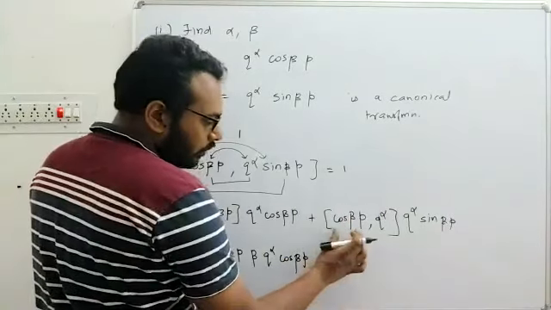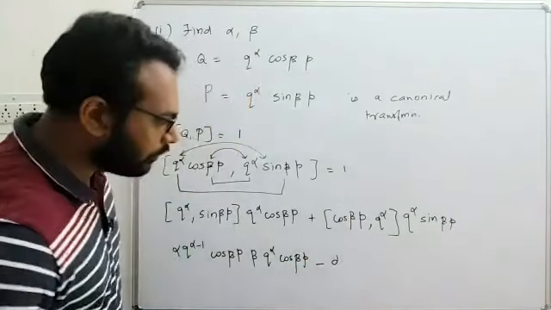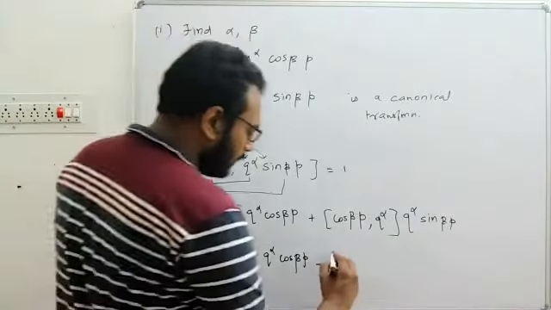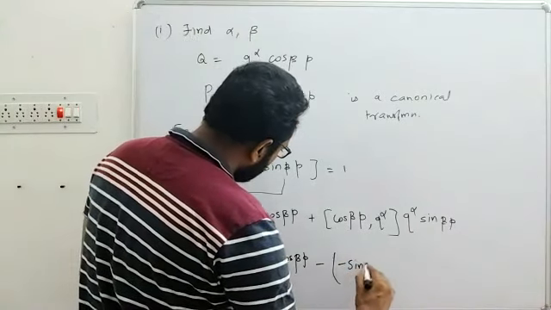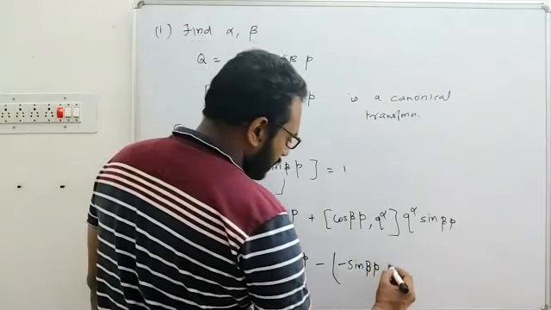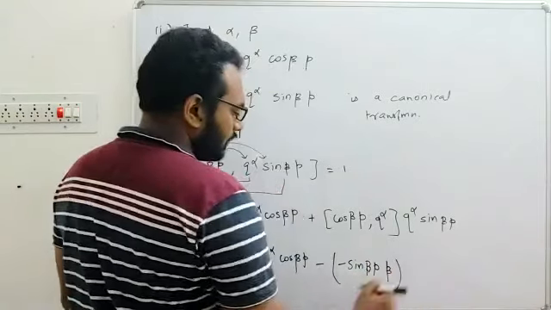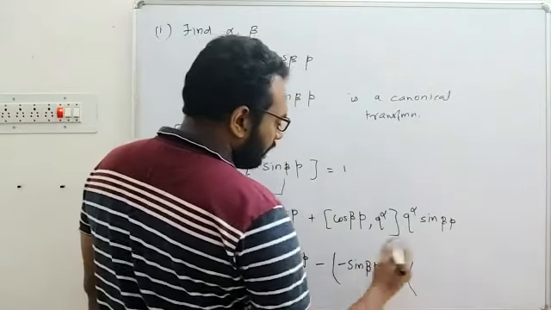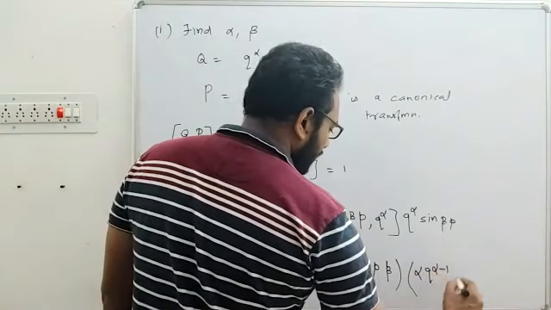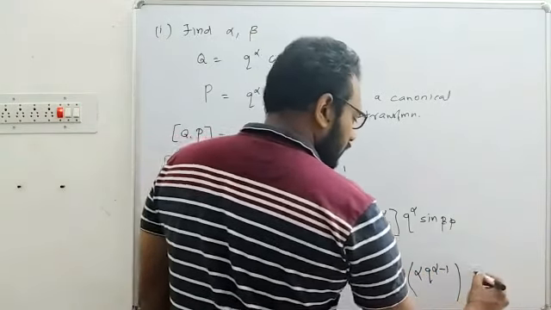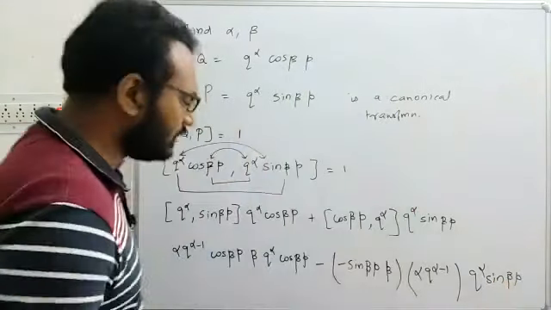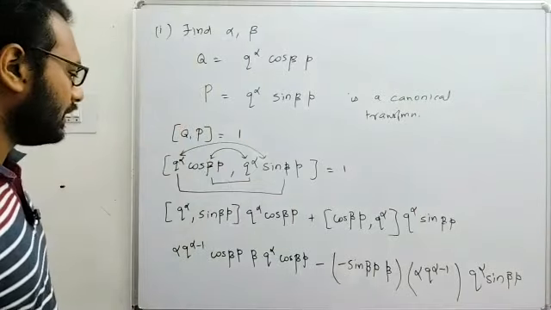So it would be the derivative with respect to p of cos(beta p), which is minus sine(beta p) multiplied by beta, multiplied by the derivative of q^alpha with respect to q, that is alpha q^(alpha minus 1), and you have q^alpha sine(beta p). With some practice you can skip a few steps.